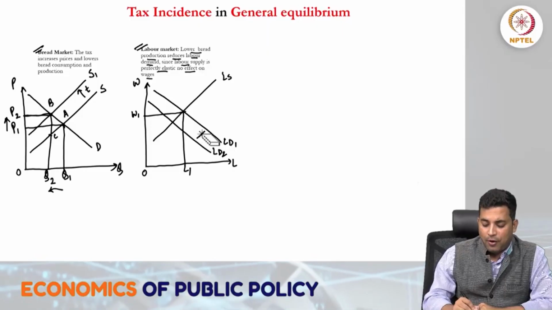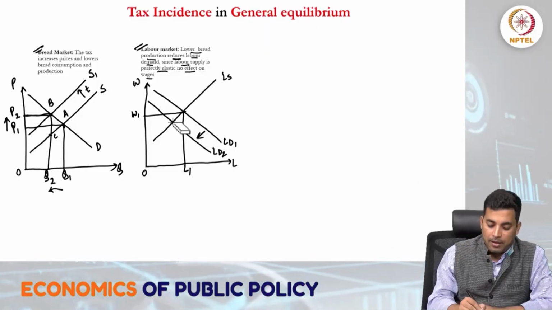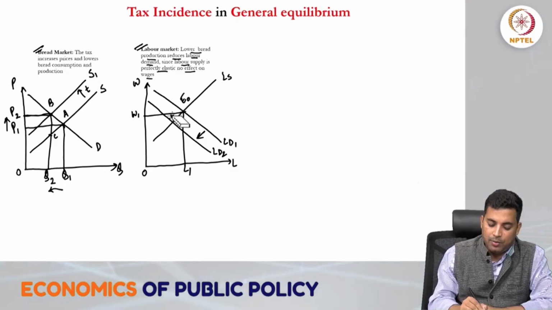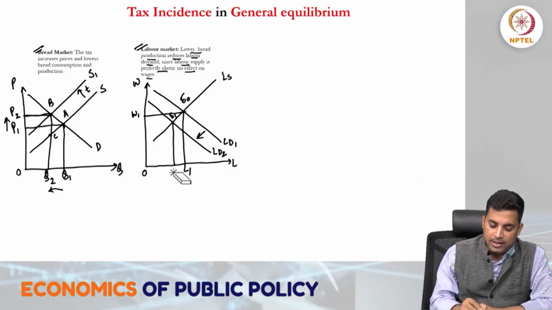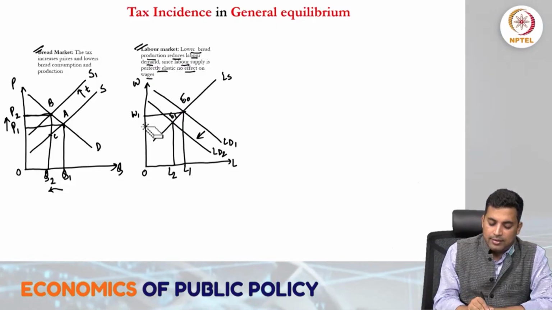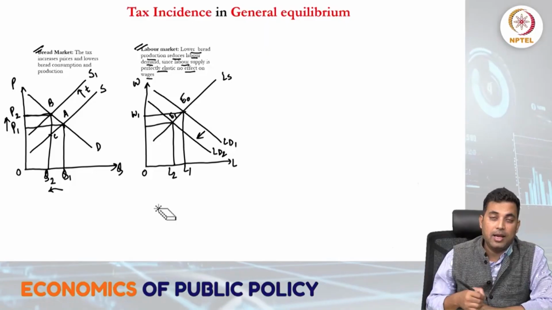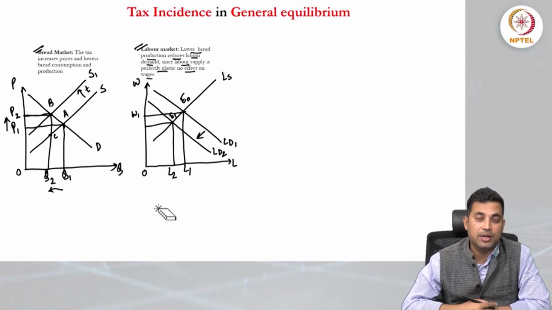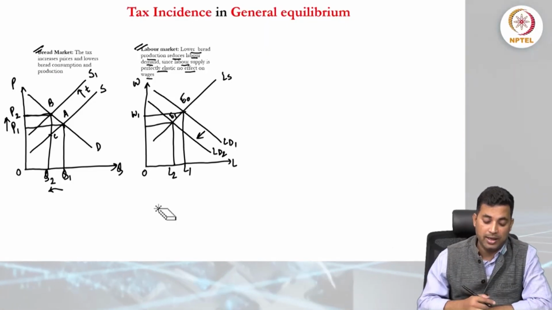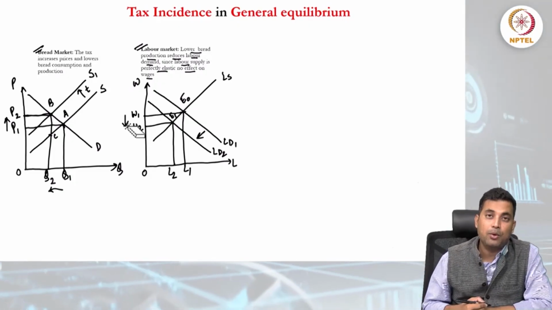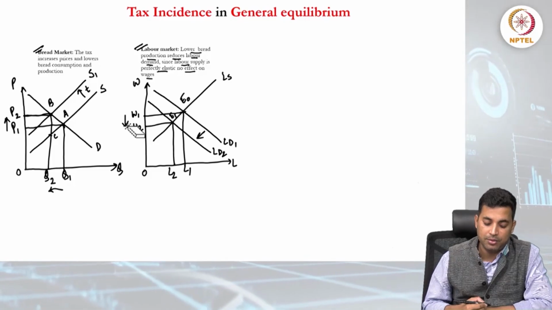With this fall in labor demand, equilibrium falls from E0 to E1, and we get lesser labor employment: the amount of labor is reduced from OL1 to OL2, and wage is reduced from OW1 to OW2.